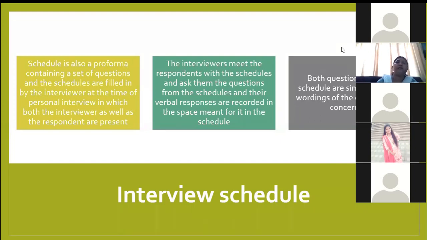So you should be clear about the difference between the two. An interview schedule is also a pro forma containing a set of questions, and the schedules are filled in by the interviewer at the time of personal interview. In the case of a questionnaire, the investigator sends the questionnaire to the respondents, and the respondents have to fill it up.